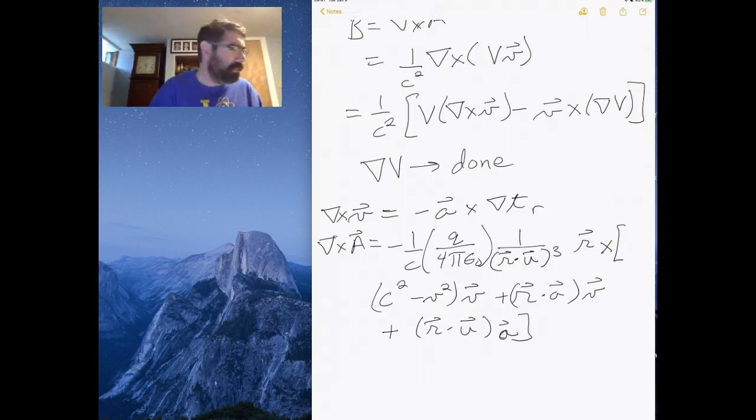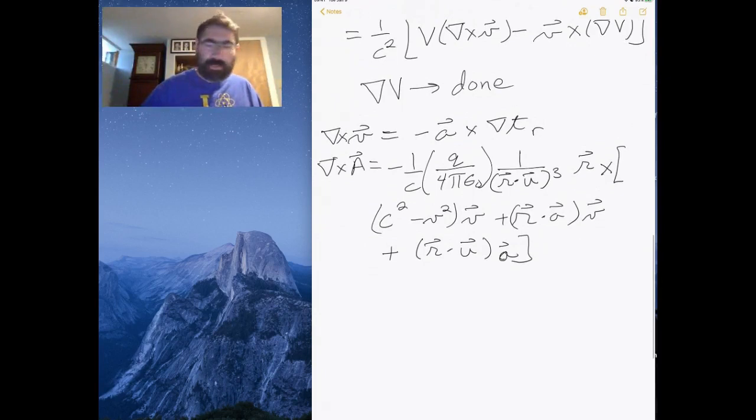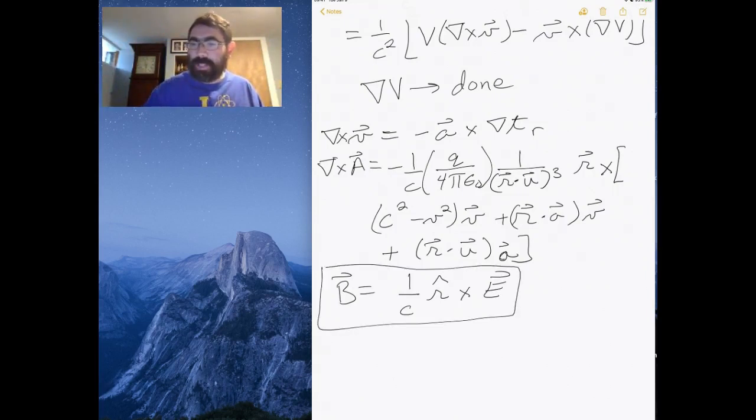If you notice, we could do some more algebra on this and try and clean it up, but what it turns out to be is that the magnetic field is 1 over the speed of light, r hat, crossed into the electric field, like so.